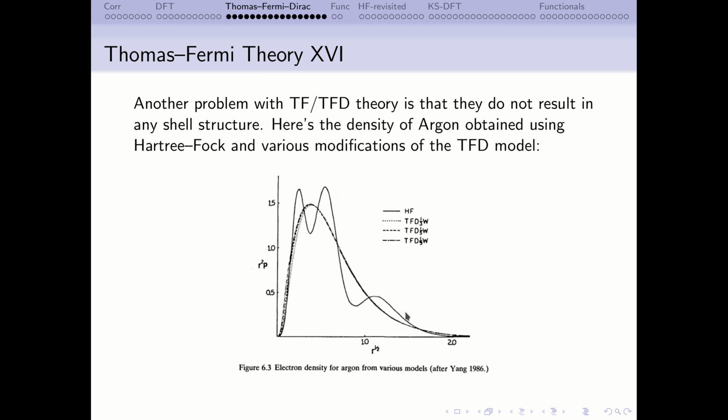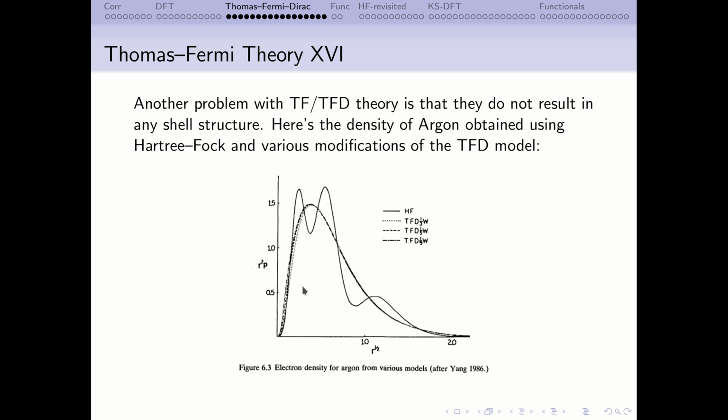You have the 3 shells in here, and the 3 peaks correspond to those 3 shells. What we've got in the various dashed and dotted lines are various Thomas-Fermi-Dirac models with the Weizsäcker correction, different kinds of corrections. They differ slightly from each other, but they are all wrong. They have the right overall shape, but they do not have the shell structure in them.